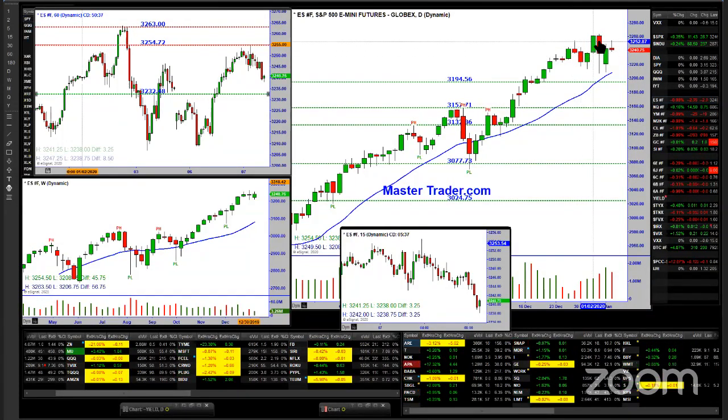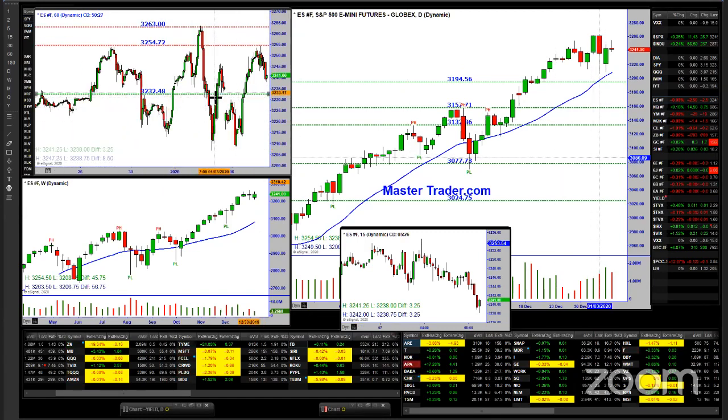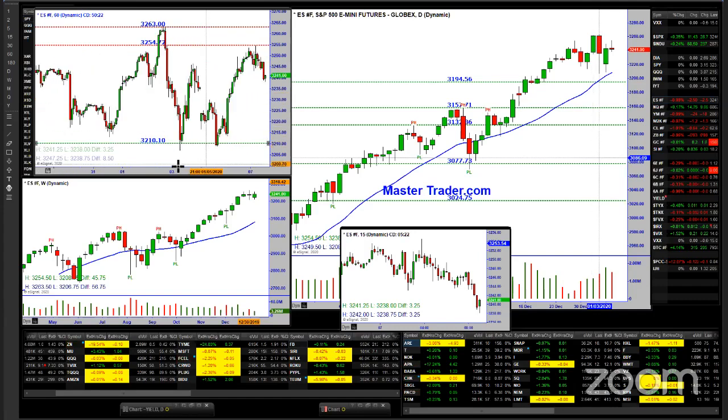And so now this breakout to new highs has initially failed. We had the rally yesterday, and here we have our trading range. And until it breaks out or breaks down out of that trading range, this is where the markets are stuck, right? So we'll just have to see what happens.